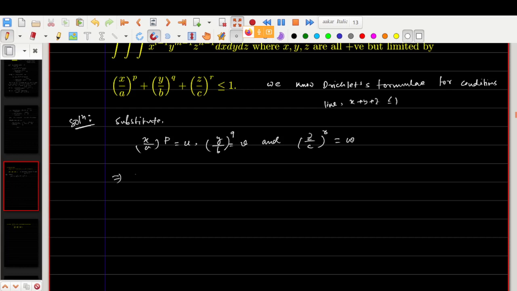Then this implies, since x, y, z are all positive, x equals a times u power 1 by p, y equals b times v power 1 by q, and z equals c times w power 1 by r.